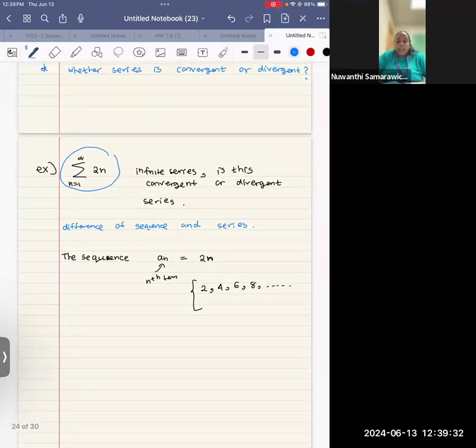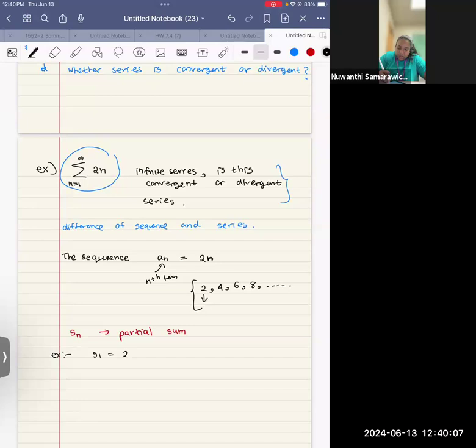Now, when we are considering the convergence and divergence of the series, to check it, we need a thing called S sub n. This is called the partial sum. As an example, S sub 1 means when n is equal to 1, what is our first term?